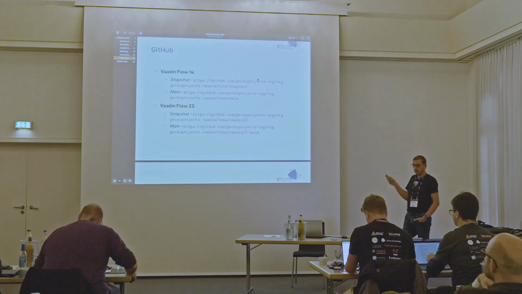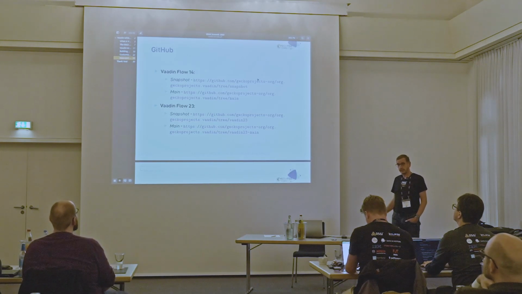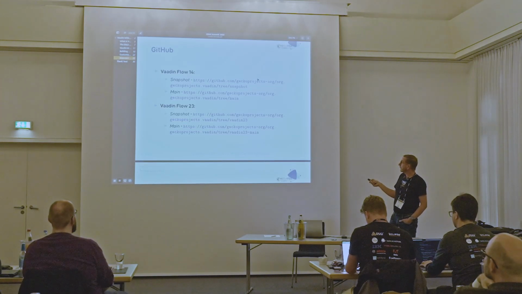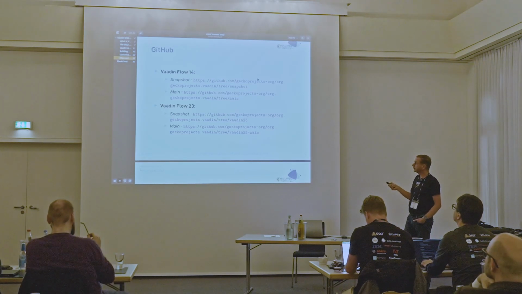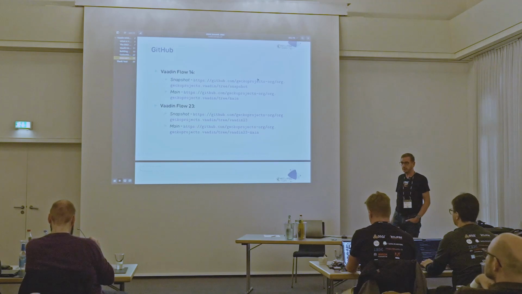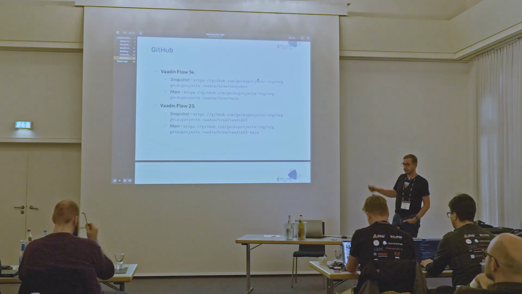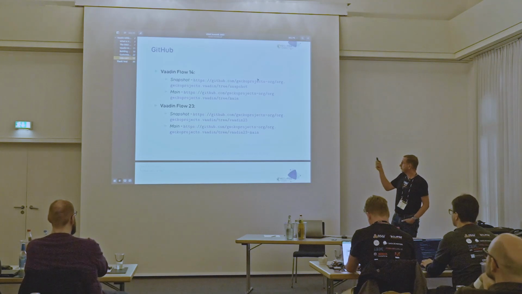And we also have a GitHub project. So I said the latest version is 23. We have 2 special branches for that because we also have an implementation based on the former long-term version, Vaadin 14, which still has support. That's why we also have the existing tree for that.